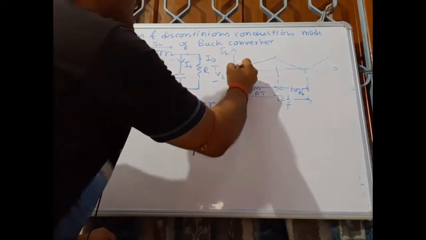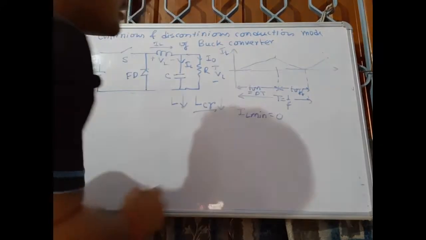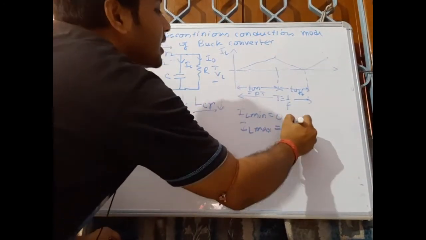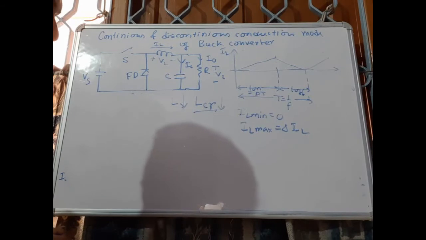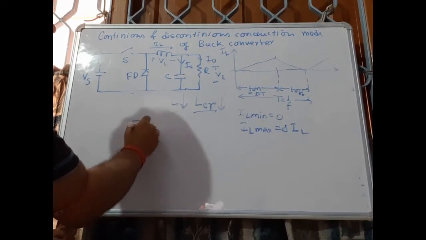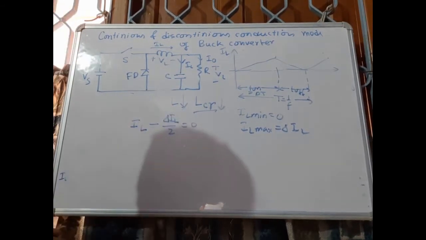So what we have, IL minimum is equal to 0, and IL max is actually delta IL. Now IL minimum means IL minus delta IL divided by 2, we know that.